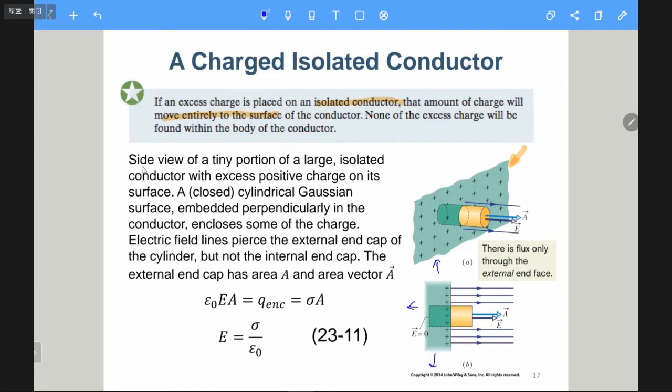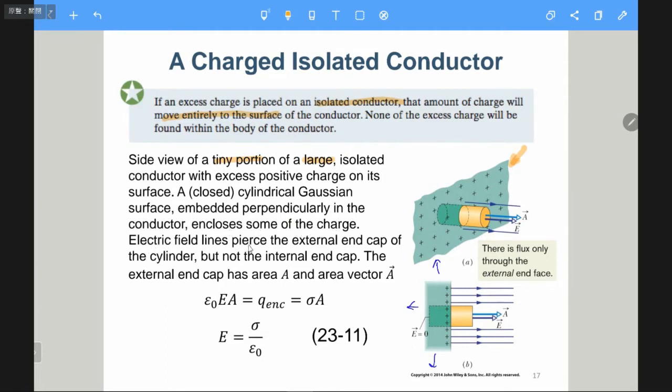It says the side view of a tiny portion of a large isolated conductor with excess positive charge on its surface, and a cylindrical Gaussian surface embedded perpendicularly in the conductor. You can see half of it is inside the conductor, half of it is outside, so it encloses some of the charges.